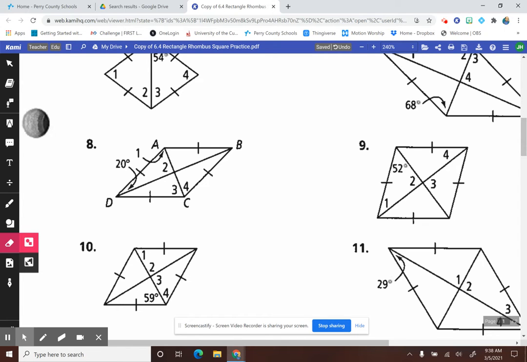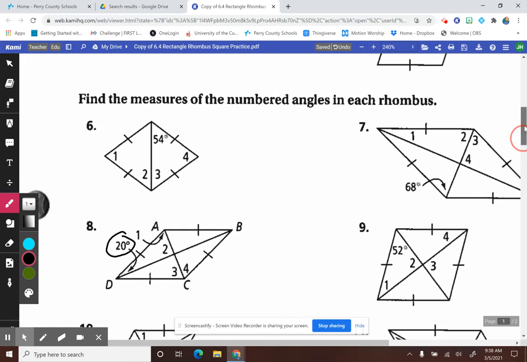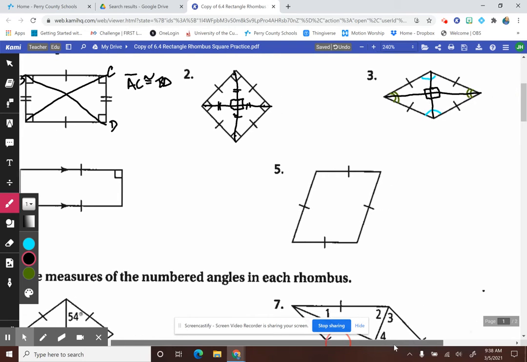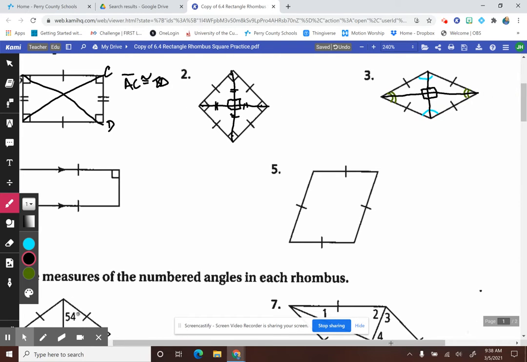Now, the only angle we're really given in this whole thing is this one right here. We're given the 20 degrees. That's down in this corner. But if we go back to the rules we were talking about with a rhombus, we've got some diagonals here, and these diagonals create something interesting. Again, these diagonals create 90-degree angles on the inside.